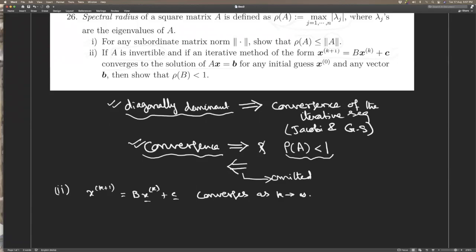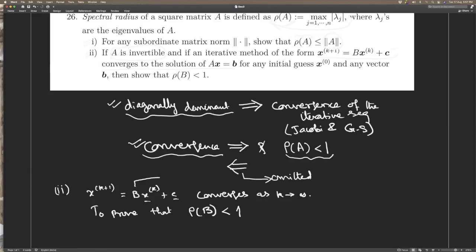Then we have to prove that the spectral radius of the matrix B, not the spectral radius of A, but the spectral radius of B, is less than 1. That is what we want to prove. If the sequence converges, then the spectral radius of the iterative matrix is less than 1.